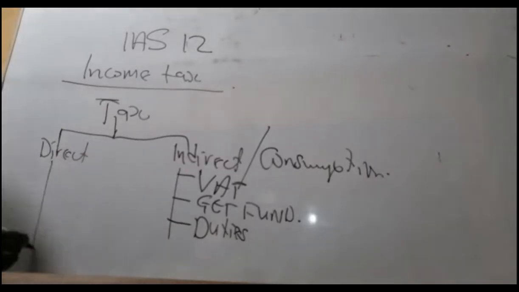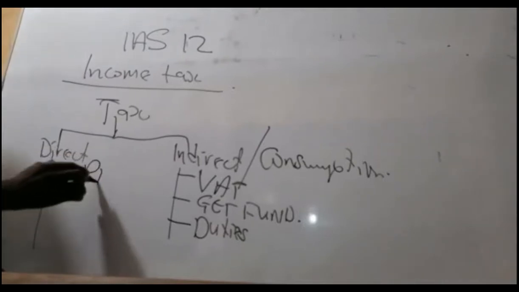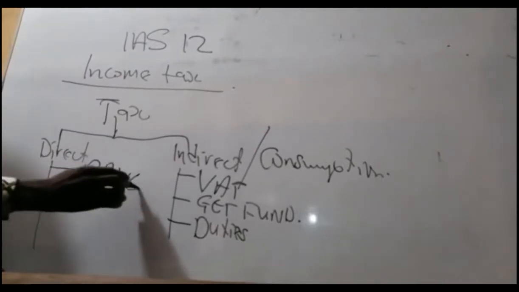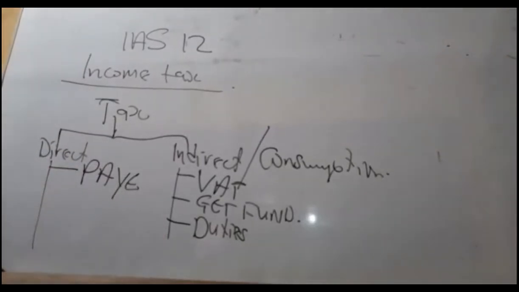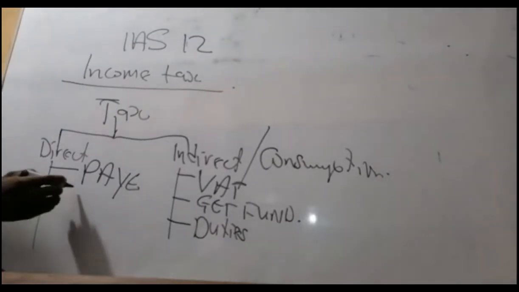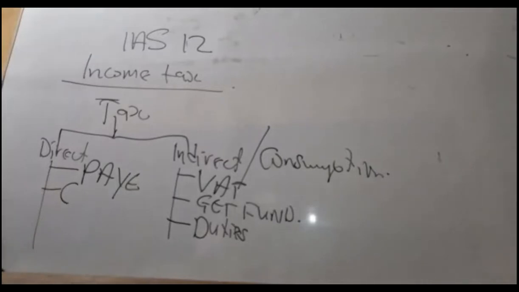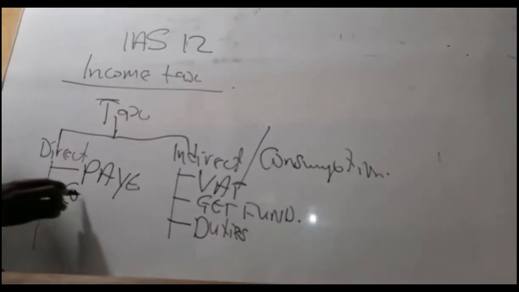So examples. Let's see examples. The personal income tax. That's the PAYE, Pay As You Earn. Is an example of what? A direct tax. Another example is taxes paid by what? Companies. We call it corporation tax.